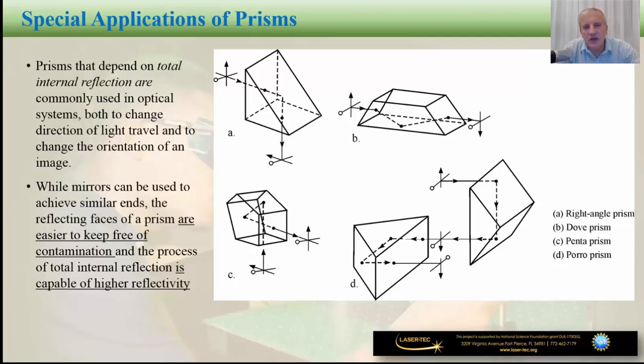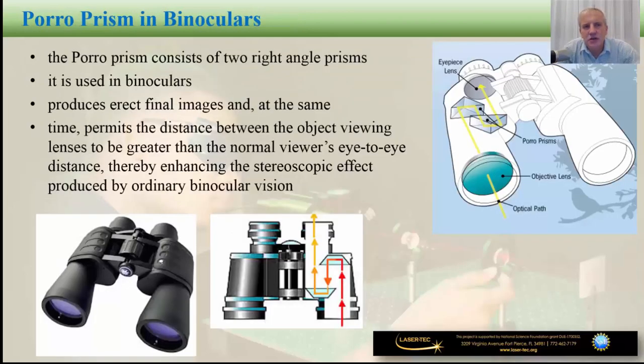Very often they are capable of high reflectivity, and as I said, they are used in various optical systems. Here's an example at the end of the lecture, the so-called porro prism that's used in binoculars. You have a few different pictures of binoculars here, including the internal look of the binoculars.